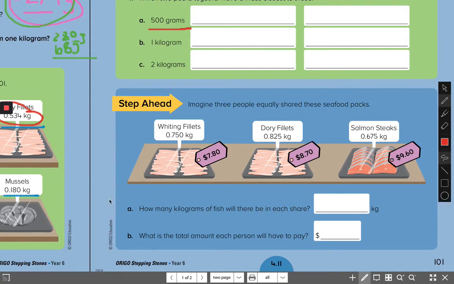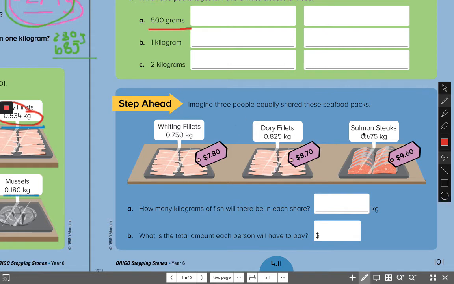Imagine, let's have a look at the step ahead. Imagine 3 people equally shared these seafood packs. And the questions are, how many kilograms of fish will there be in each share? And what is the total amount each person will have to pay?